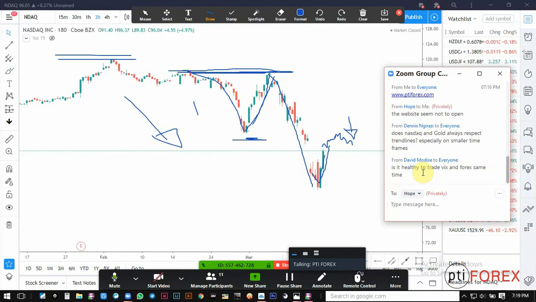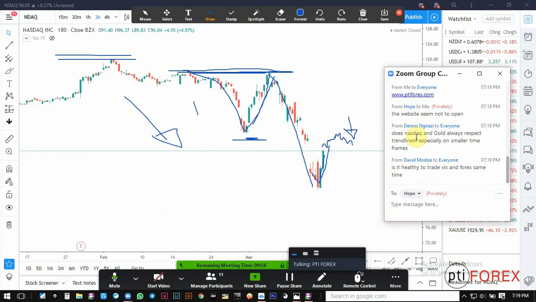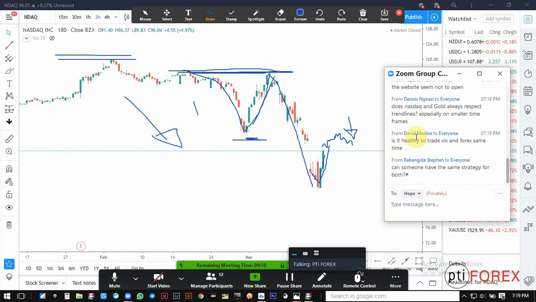Is it okay to trade VIX and Forex at the same time? Yes, I do it, but the sad news is that I no longer want to give signals, concerning VIX. The only thing I'll be providing for volatility index is a lesson, which is on my platform or on my website.